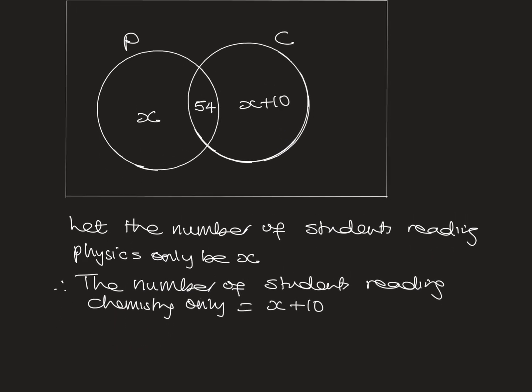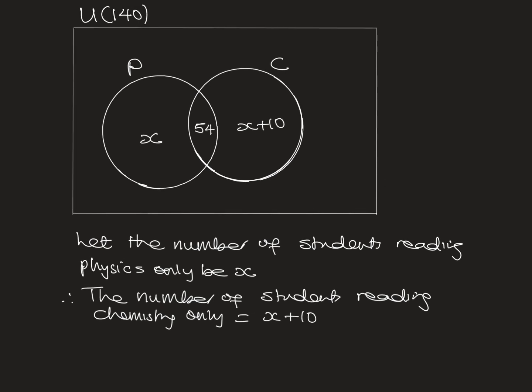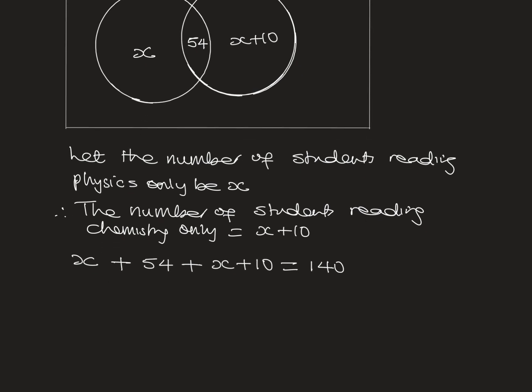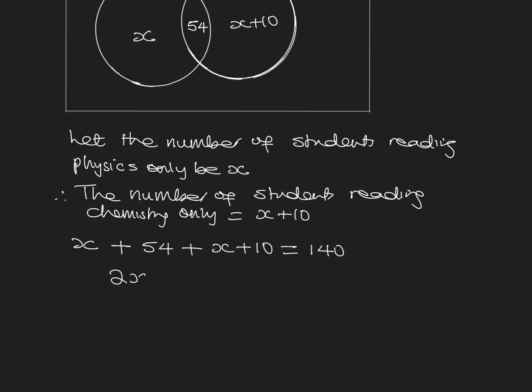So if we should establish a mathematical relationship here, we can say X plus 54 plus X plus 10 is equal to 140. Okay? So that is 2X plus 54 plus 10 is 64.